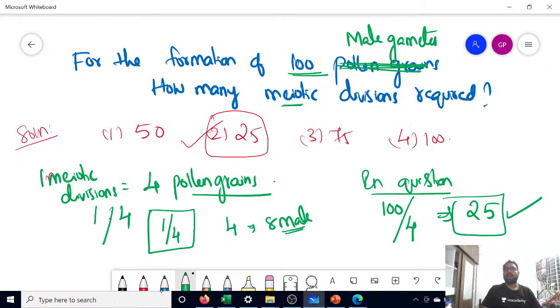So 100 male gametes means how many grains? So 50 by 4 you should do. It is going to be again some value, 12.5. So just round it, because the fraction there is 0.5. So you round it, 13 like that.